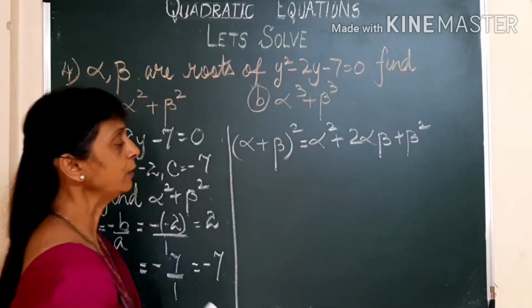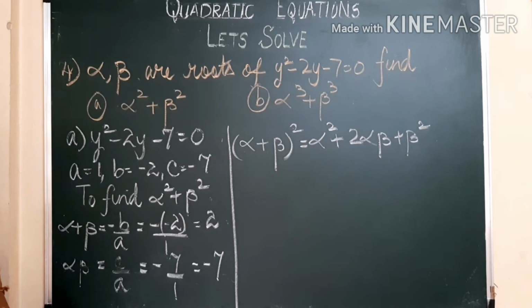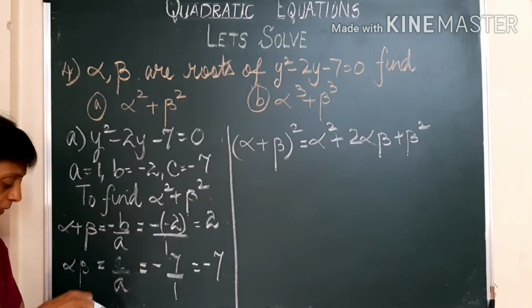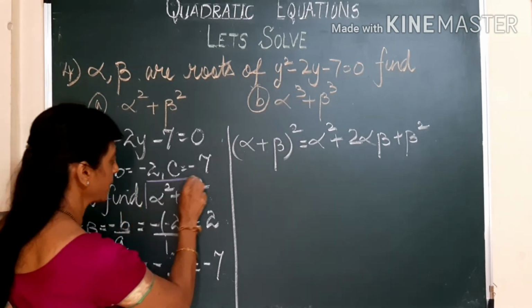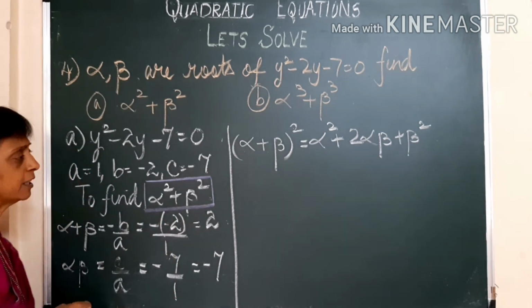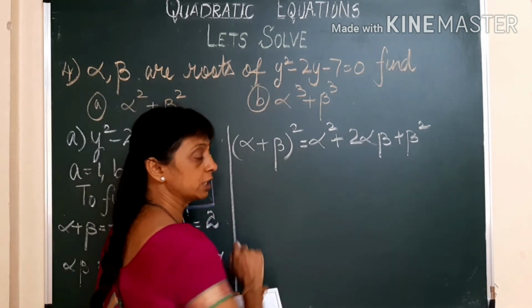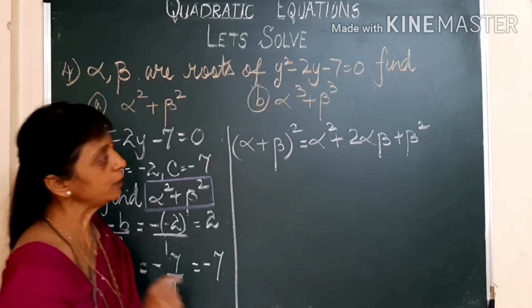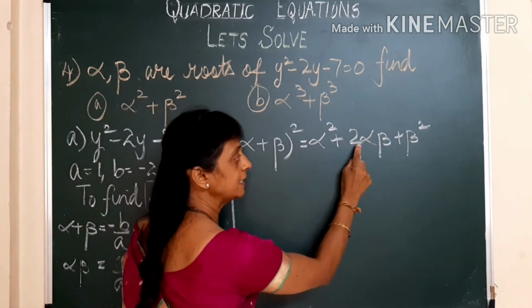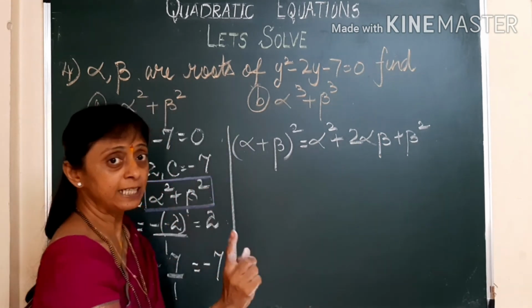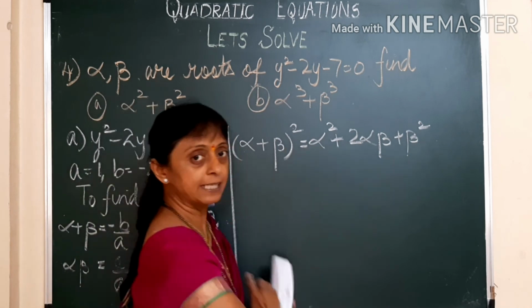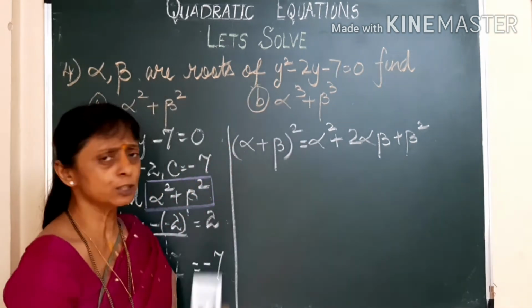Now children, we want only the value of alpha square plus beta square. Only this value. Right? So, we can rearrange the terms over here to get this value. We can get rid of plus 2 alpha beta only to get alpha square plus beta square on the right hand side. So, what do we do with that term?